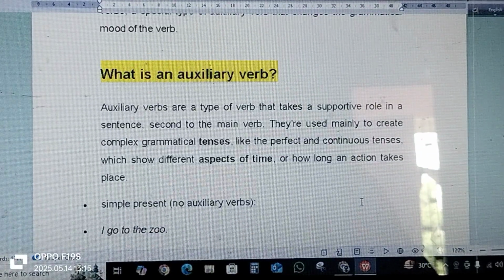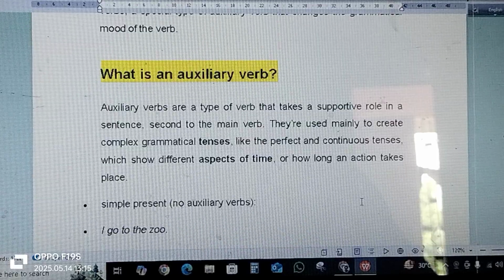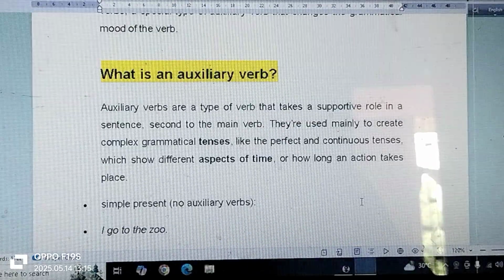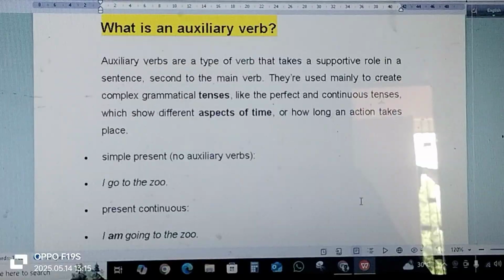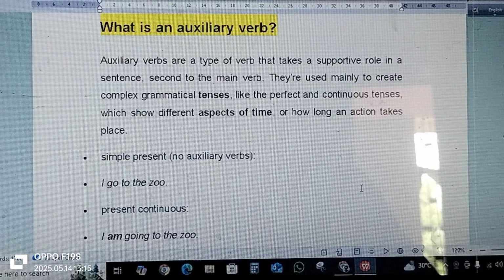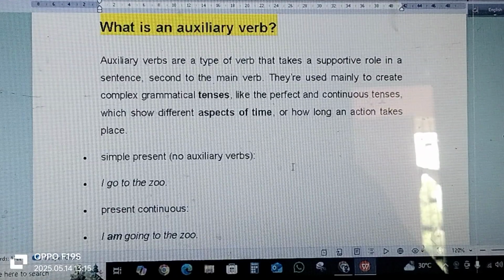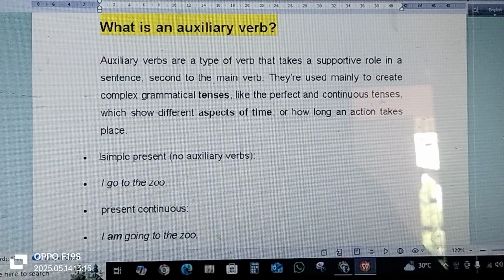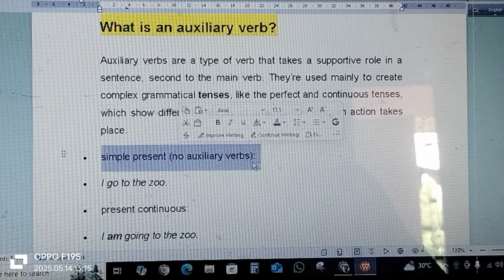We show different aspects of time or how long an action takes place. In simple present, we have no auxiliary verbs. You have to know, in simple present, we have no auxiliary verb.